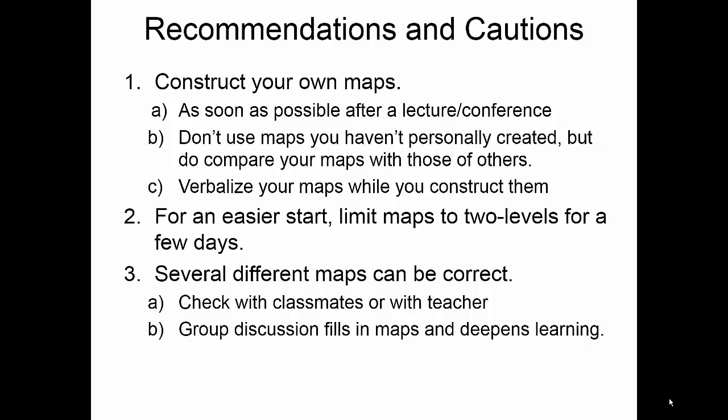Once you have your map, however, then it will be very useful to compare it to other maps. Then you're comparing your thinking and not just looking at it. Also, experiment with talking out loud about your map as you construct it. This is especially helpful for introverts who normally study quietly.